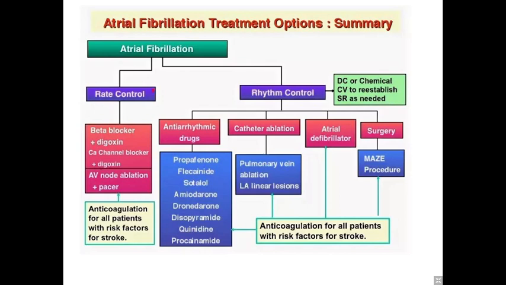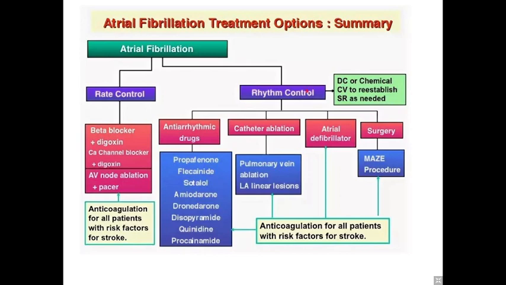And the patient doesn't feel palpitation because his heart rate is practically normal. And for rate control therapy, you use beta blockers plus digoxin, calcium channel blockers, maybe plus digoxin, atrioventricular node ablation plus pacing, and of course anticoagulation therapy.